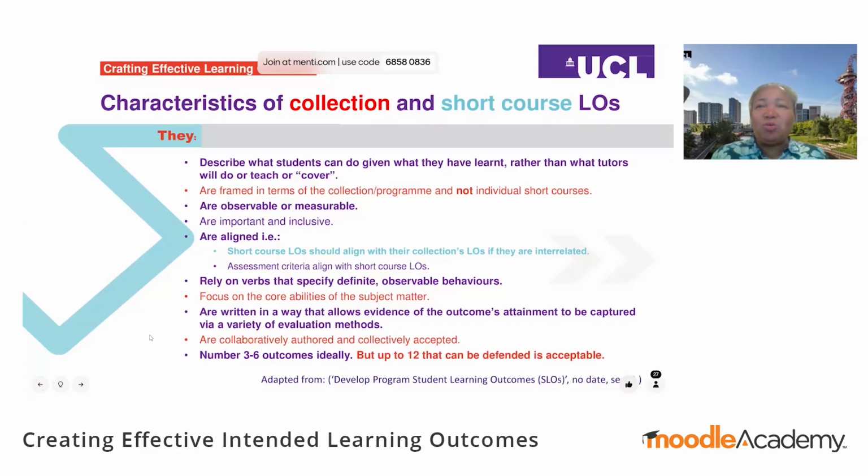They rely on verbs that specify definite, observable, accessible behaviours. They focus on the core abilities of the subject matter, and they're written in a way that allows the evidence of the outcome's attainment to be captured via a variety of evaluation methods. So that means that you can assess them in more than one way.